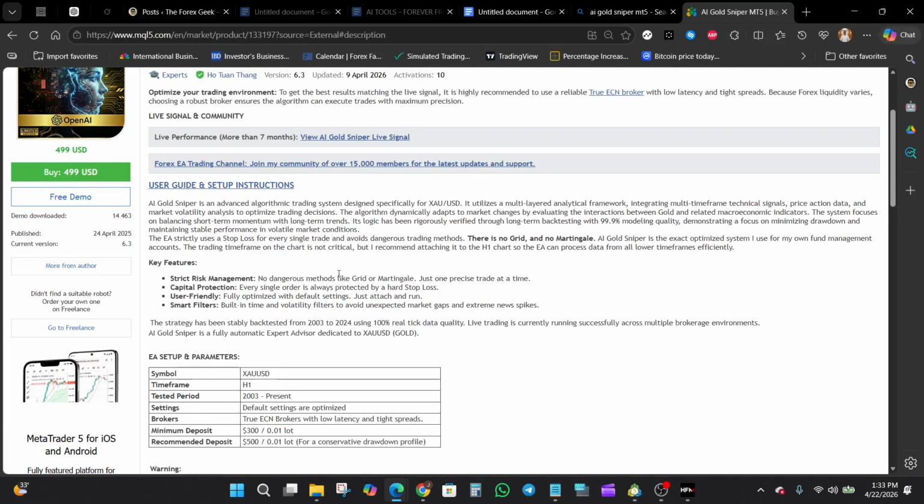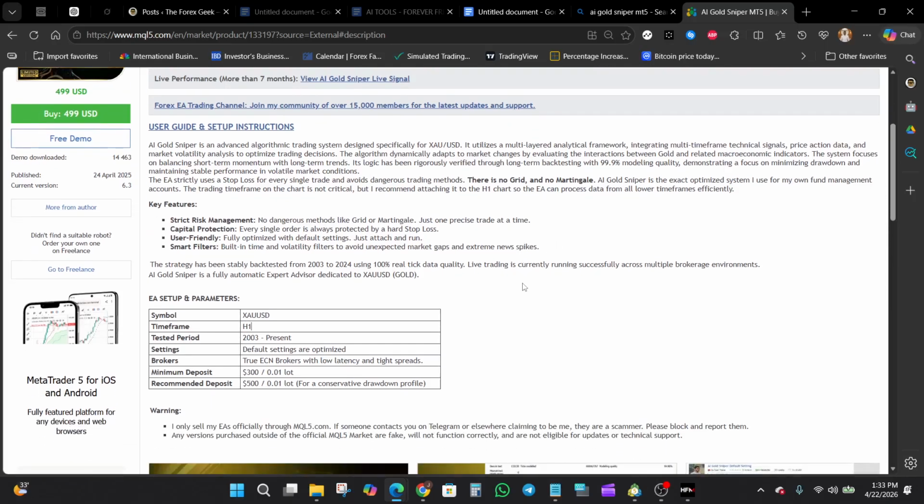At its core, AI Gold Sniper is a multi-layered analytical system. So instead of relying on a single indicator or signal, it combines price action behavior, volatility conditions, and multi-time frame structure to make trading decisions. One of the key strengths here is its risk management model.